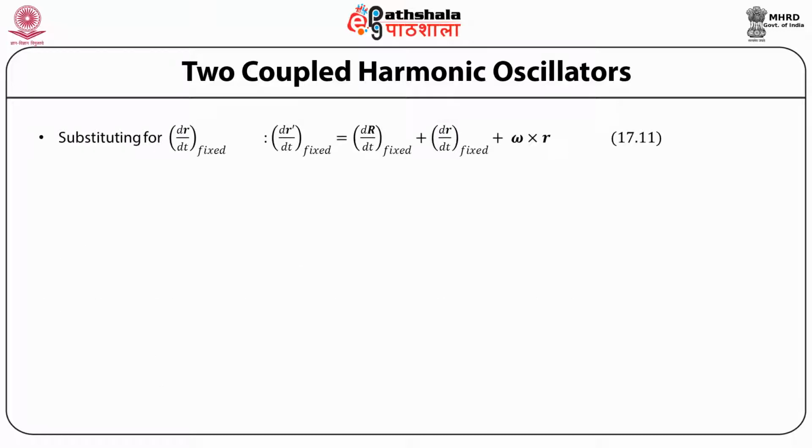Substituting for dr by dt in the fixed frame in terms of what we have done earlier, dr prime by dt is equal to d capital R by dt plus dr by dt plus omega cross r. Or in other words, the velocity in the fixed frame is equal to v plus v rot, that is, velocity in the rotating frame plus omega cross r.